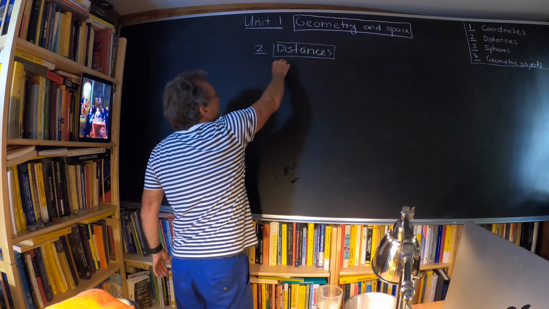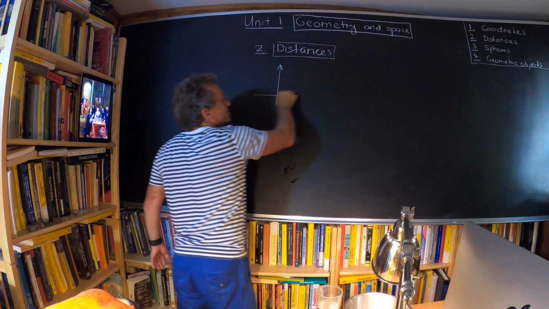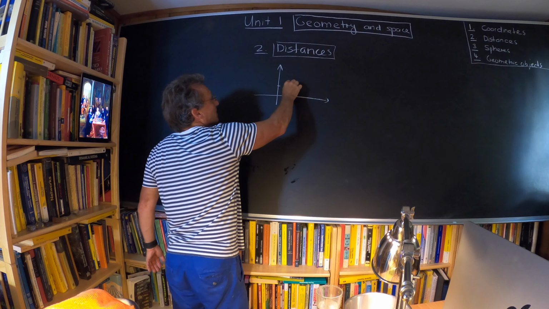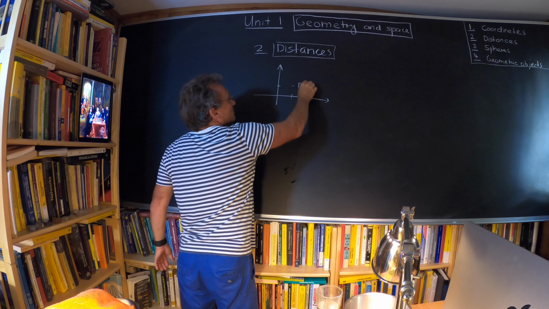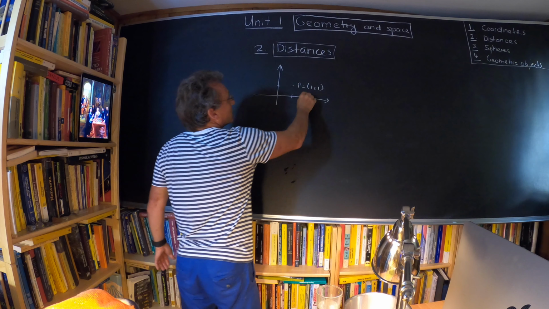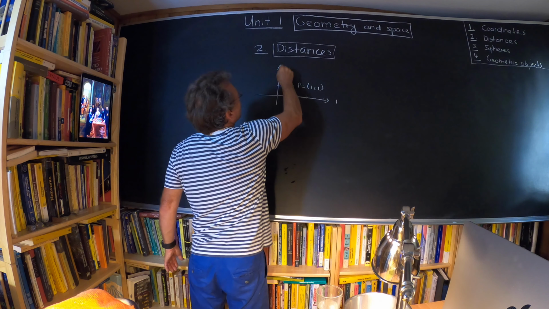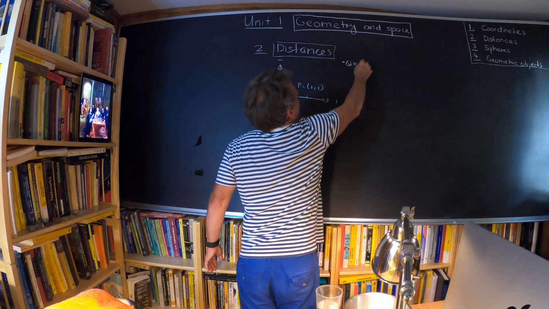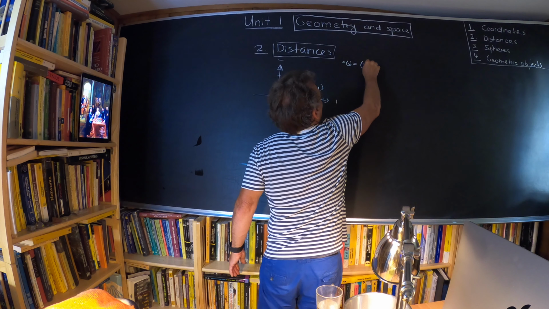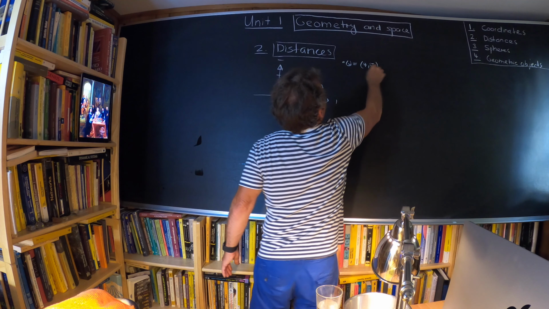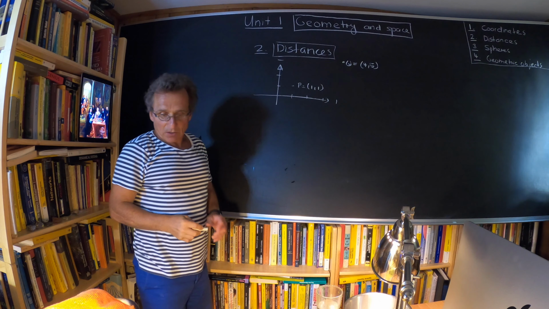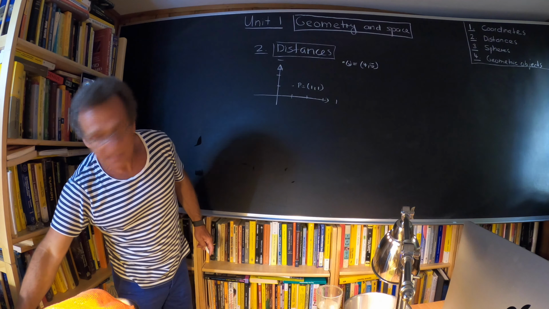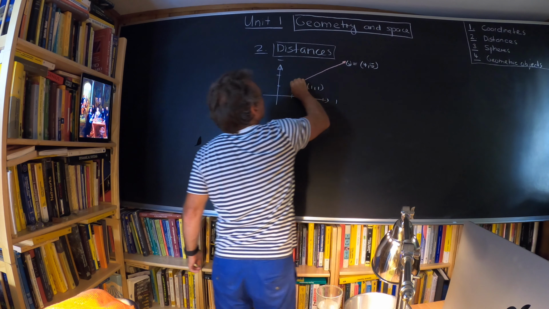Distances, let's look at the 2-dimensional case first. Let's take a point like (1, 1), and maybe I take a point here, Q equal to (4, 5). If we compute the distance between these 2 points, I mean just how long do you need to travel to go from here to here?